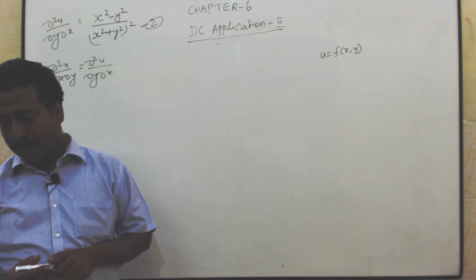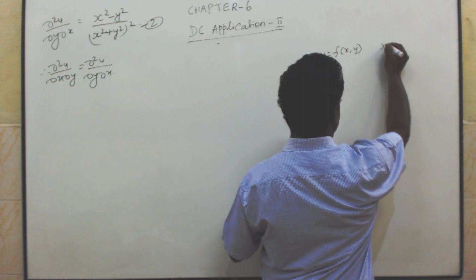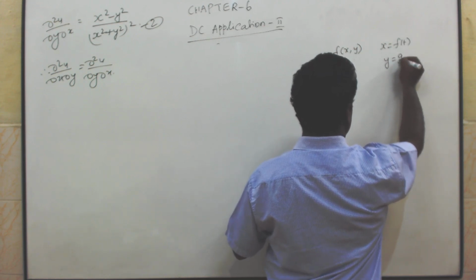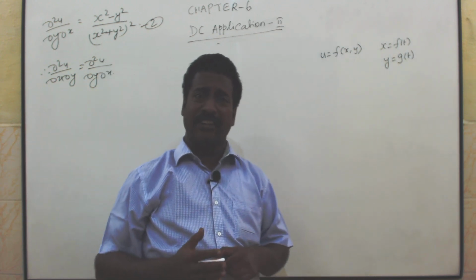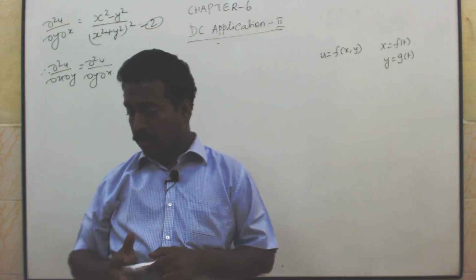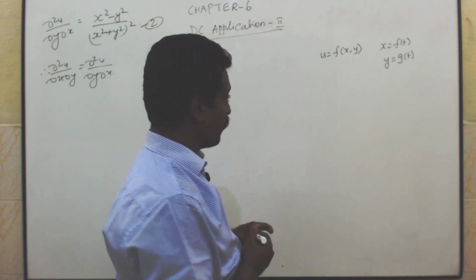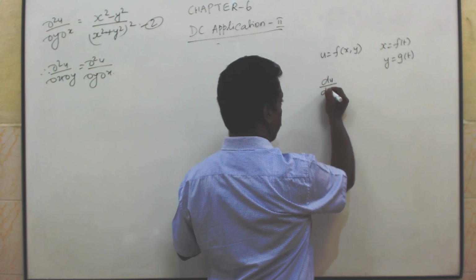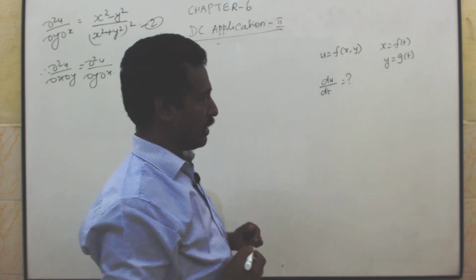X and y are differentiable functions of t. X is equal to a function of t, y equals another function of t, g of t. Then if you want to find u as a differentiable function of t, you have to find du by dt.